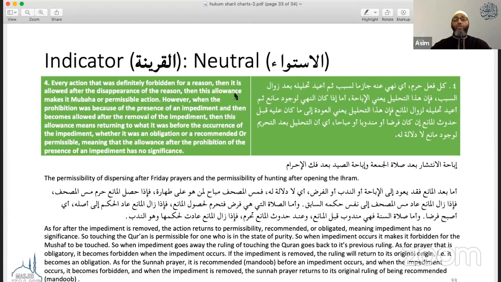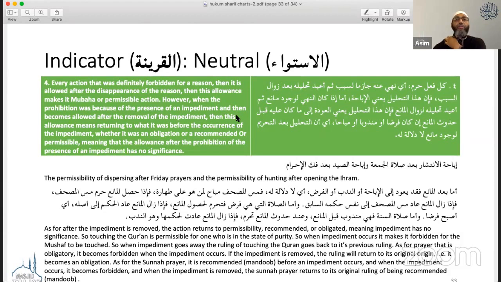Okay. So the question is, what is the difference between prohibition due to cause and prohibition due to impediment? If you remember, cause means a sabab, and when the sabab is there, that causes the hukum to come into existence.